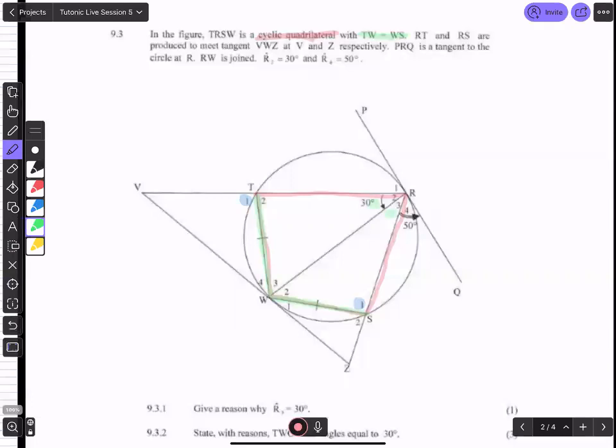So do you guys see that from these few words here, we have all this information already. RT and RS are tangents. Okay, there, keyword, guys. Tangent. What are the 3 properties of the tangent?